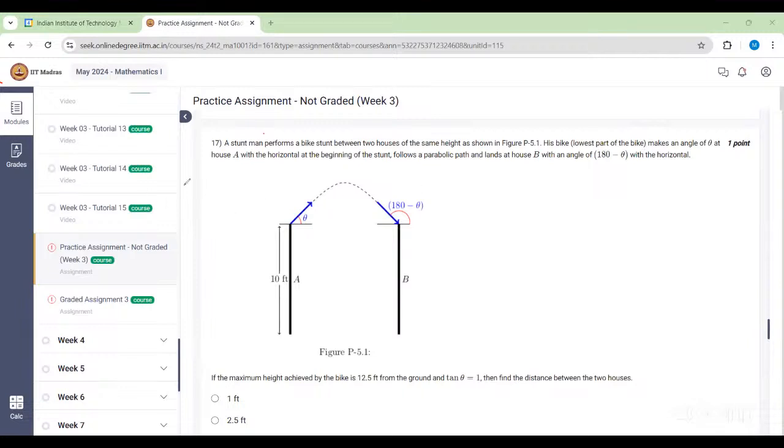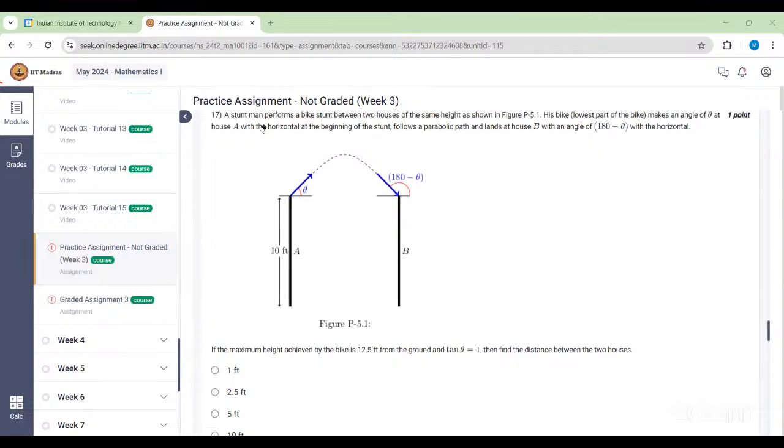So see, this is a very common question asked by so many students. Here they have given some information. A stuntman performs a bike stunt between two houses of the same height as shown in the figure. The lowest part of the bike makes an angle theta at house A. So we consider that here is our origin, at house A, our origin is 0, 0.